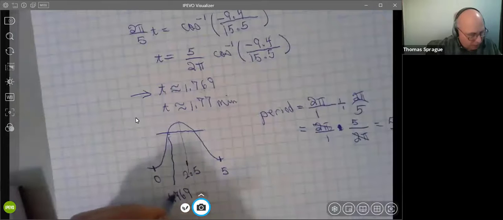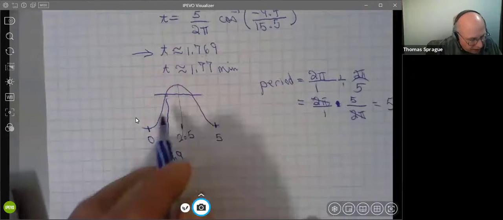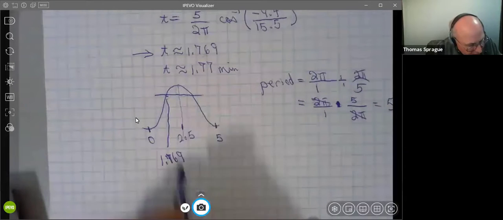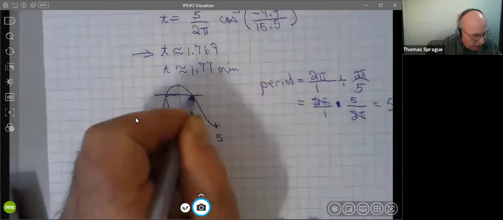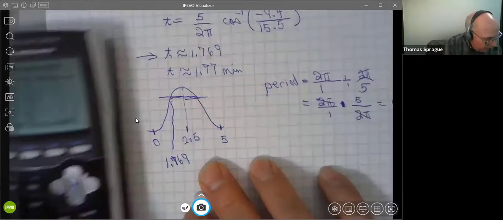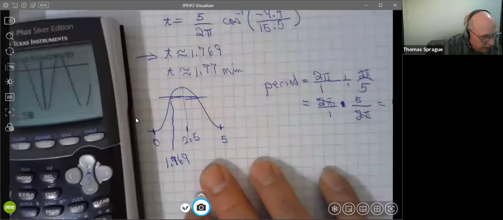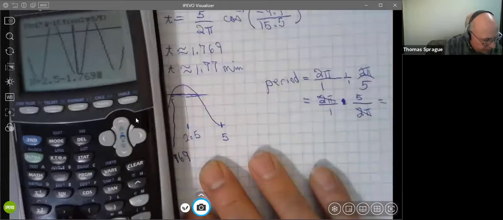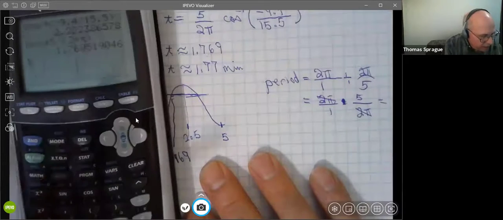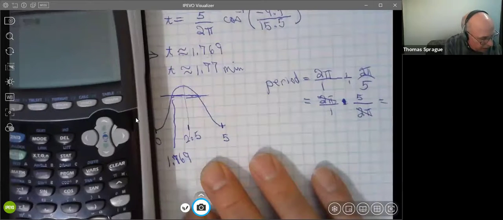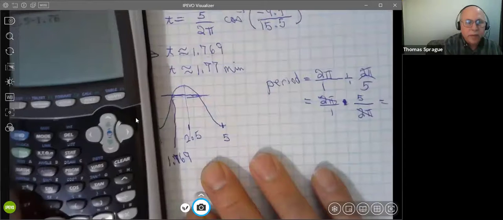And then because the cosine curve is symmetric, in other words, the two halves here are mirror images of each other, this distance and this distance will be the same. So let's compute the distance from here to here. That's 2.5 minus 1.769. And oops, I forgot to leave that mode. So 2.5 minus 1.769.